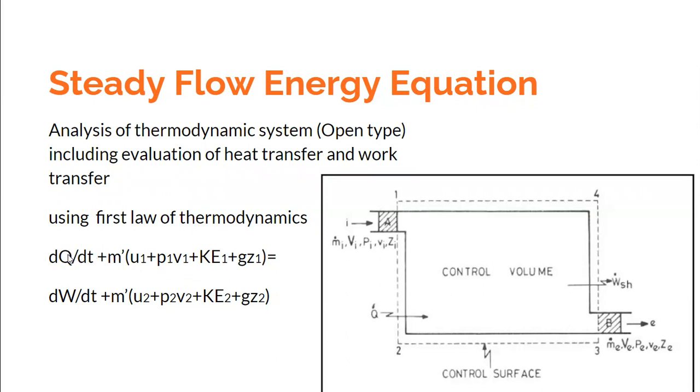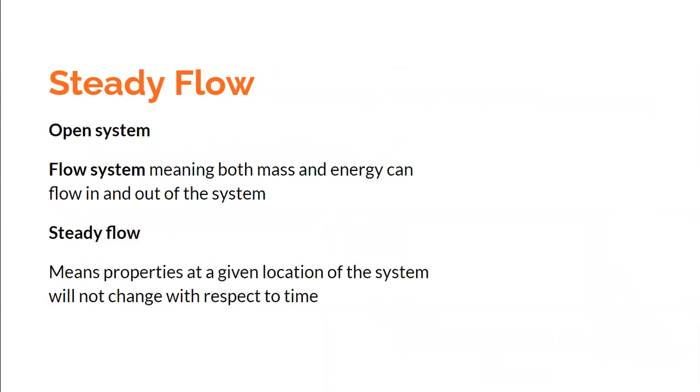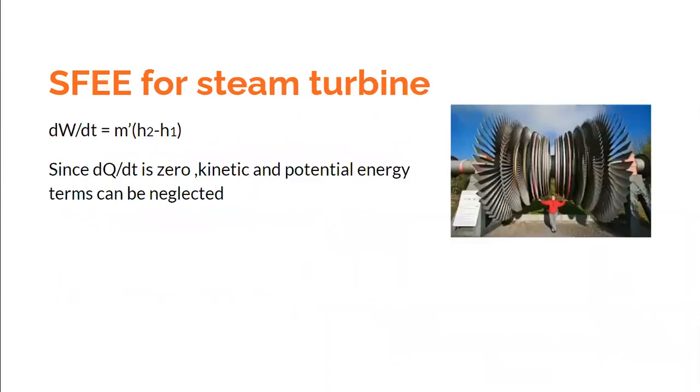So what remains is, because this heat transfer is 0, for the steam turbine, m dot (u1 plus p1 v1) is equal to dw by dt plus m dot (u2 plus p2 v2). And you know that u1 plus p1 v1 is h1 and u2 plus p2 v2 is h2. So you get a very simple and very powerful expression for determination of work transfer in the case of steam turbine.